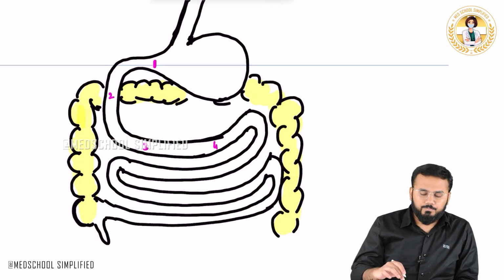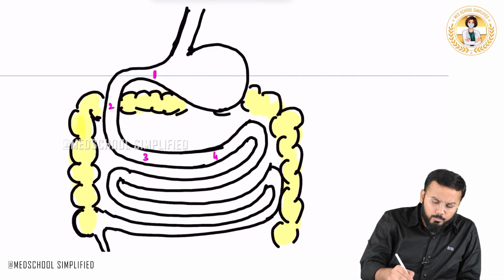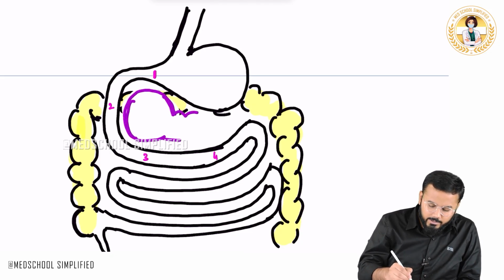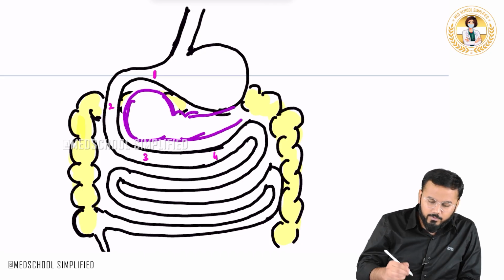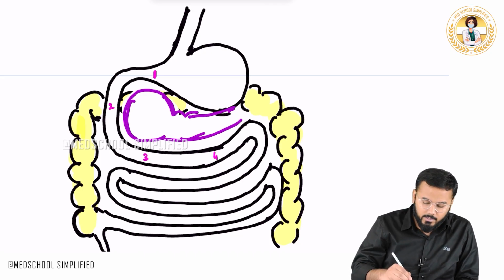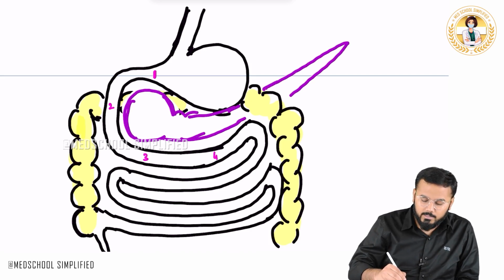Now here in the loop you have your pancreas. To draw your pancreas, you have to rub this part over here. So exactly here you have your pancreas, and all of you know very well that the tail of the pancreas is touching the hilum of the spleen. The tail of the pancreas goes all the way like this.